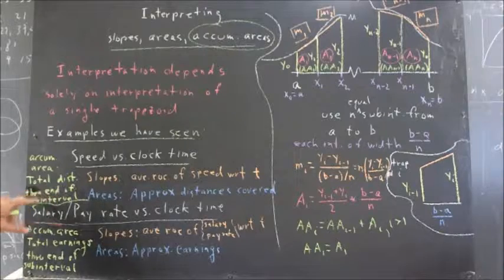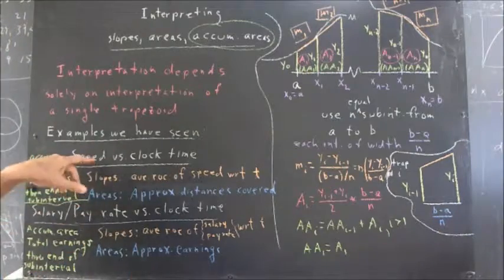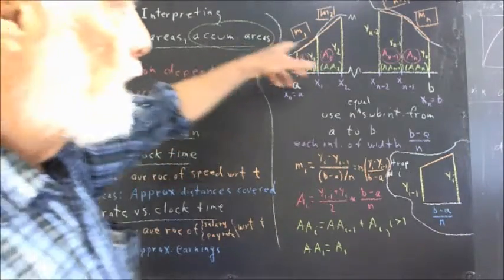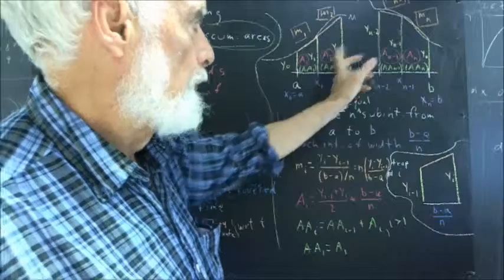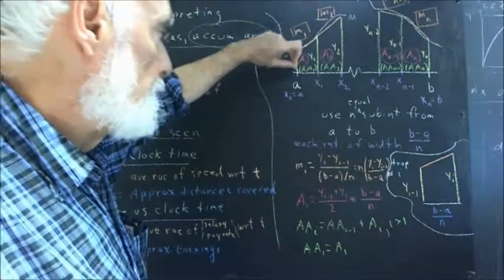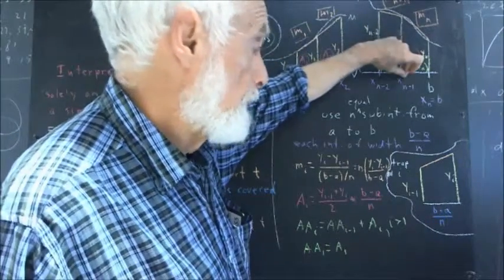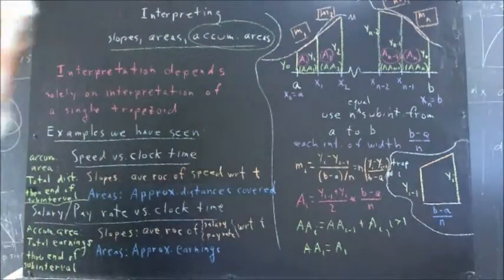Okay, total distance through the end of the subinterval, whatever subinterval we have. If we have speed versus clock time, then total distance through the end of this interval will be the accumulated area. Total distance starting at the original interval up to the end of this subinterval.